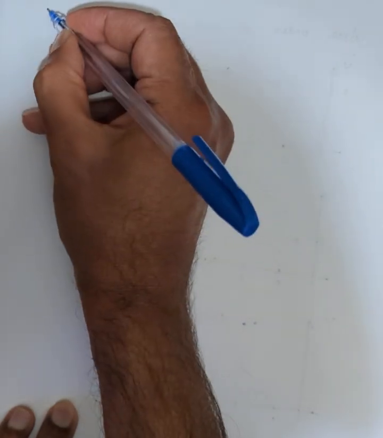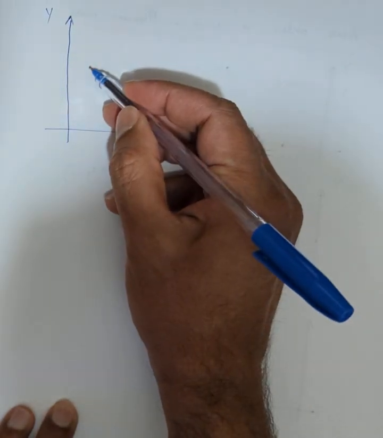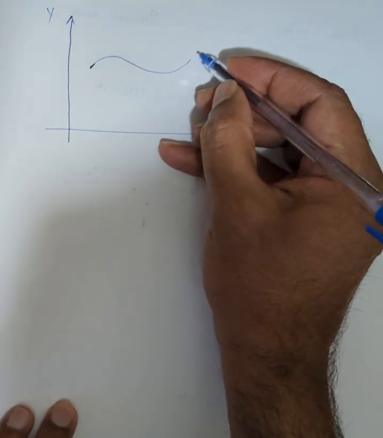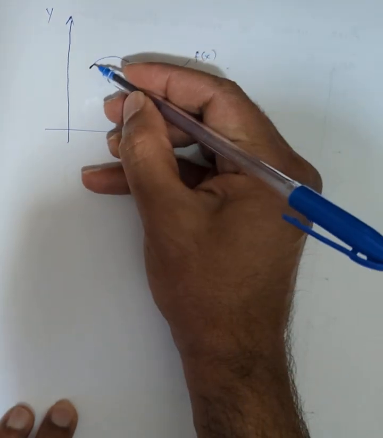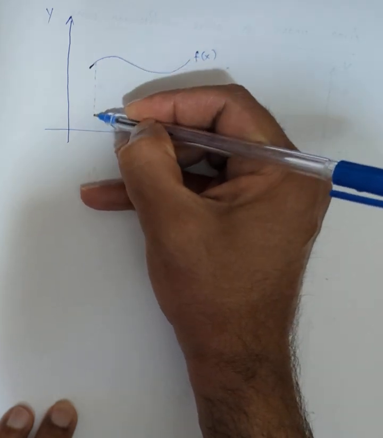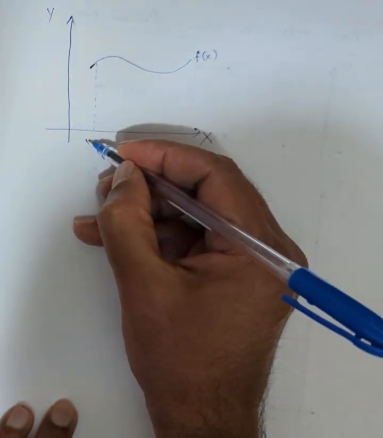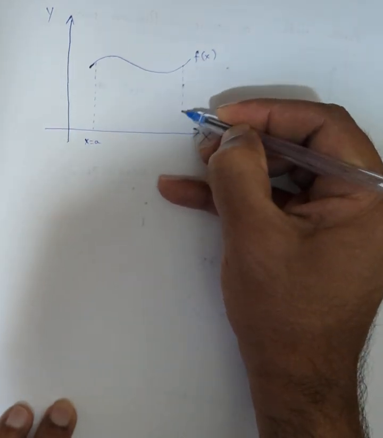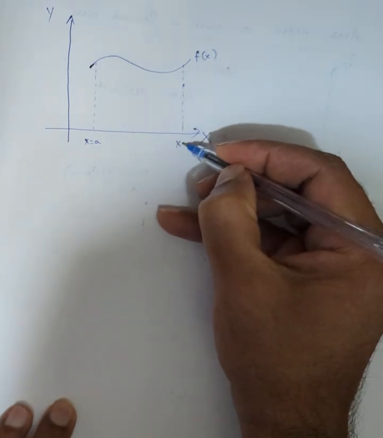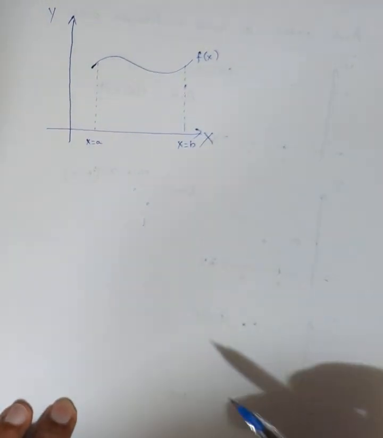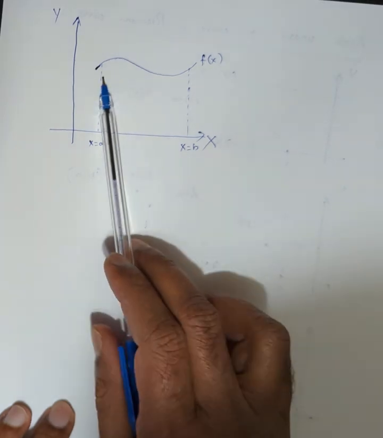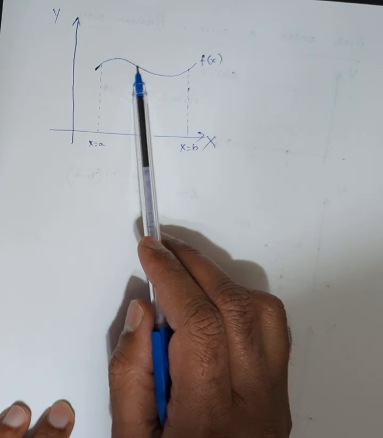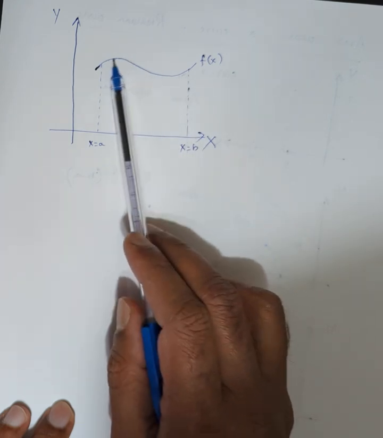Let's draw our x and y axis, and let's say this is the graph of f of x, and we are asked to find the area under the curve between x equal to A and x equal to B. Now, the exact area is going to be hard because this curve is not a straight line.